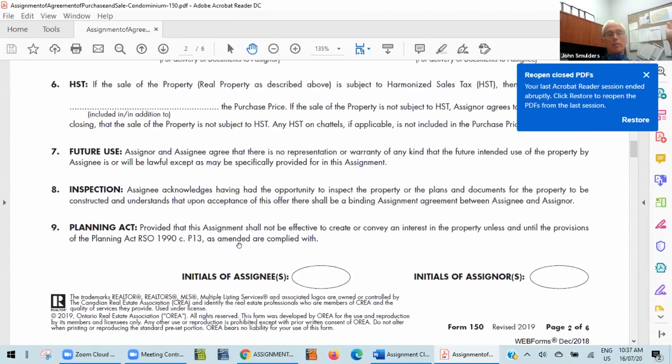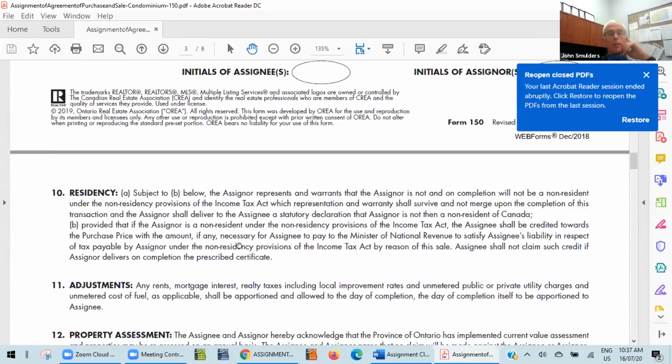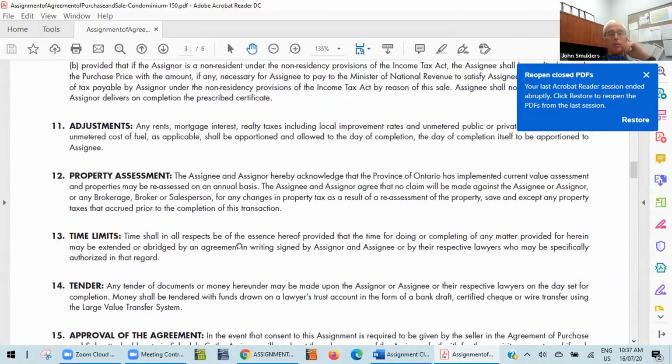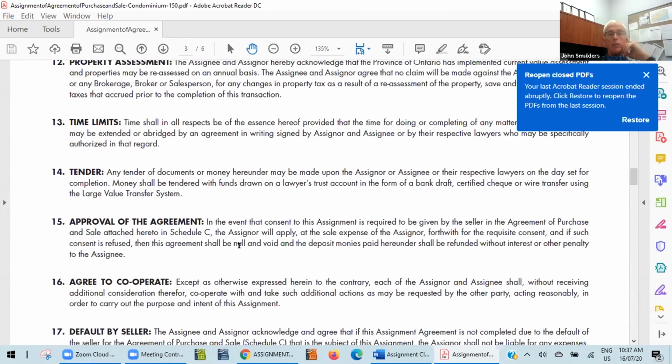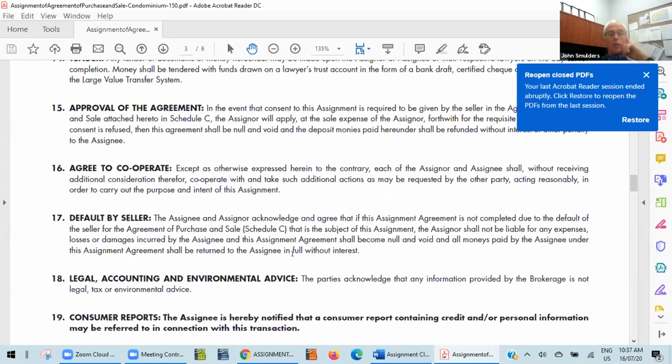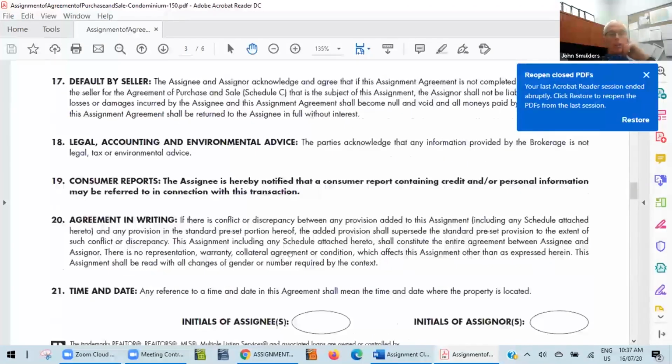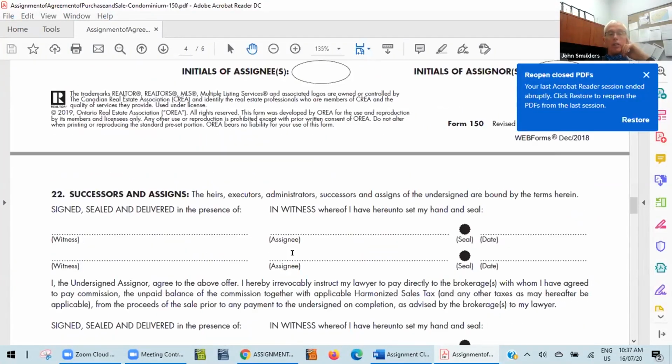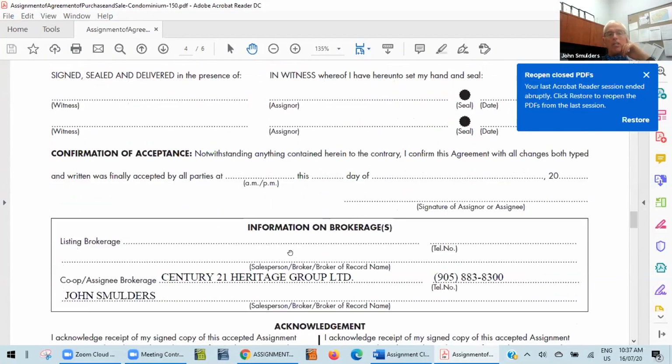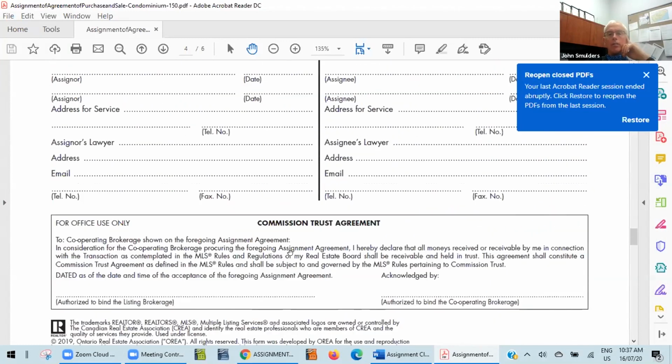Future use, this is all the same stuff. Residency is all the same stuff as a normal agreement of purchase and sale. And another note, Schedule C, once again, approval of the agreement. You've got to have the builder's contract in there. It says it over and over again. All the rest of this stuff is basically the same kind of thing. So pretty standard, not too difficult to do.